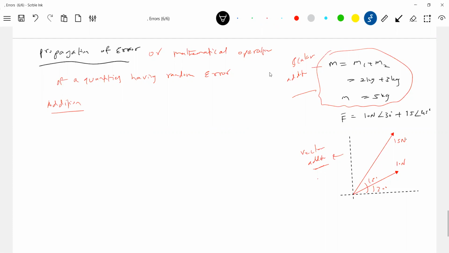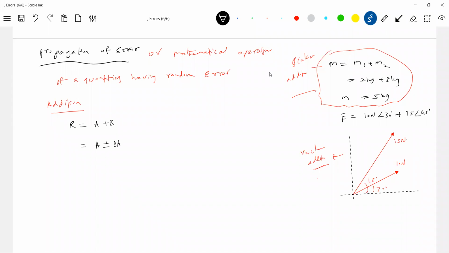So suppose a quantity X. I'm going to add two quantities, A and B. Capital R will be the resultant. The resultant, the sum of these two, is A plus B. There's an error in A and there's also an error in B. Then how do we express that error?